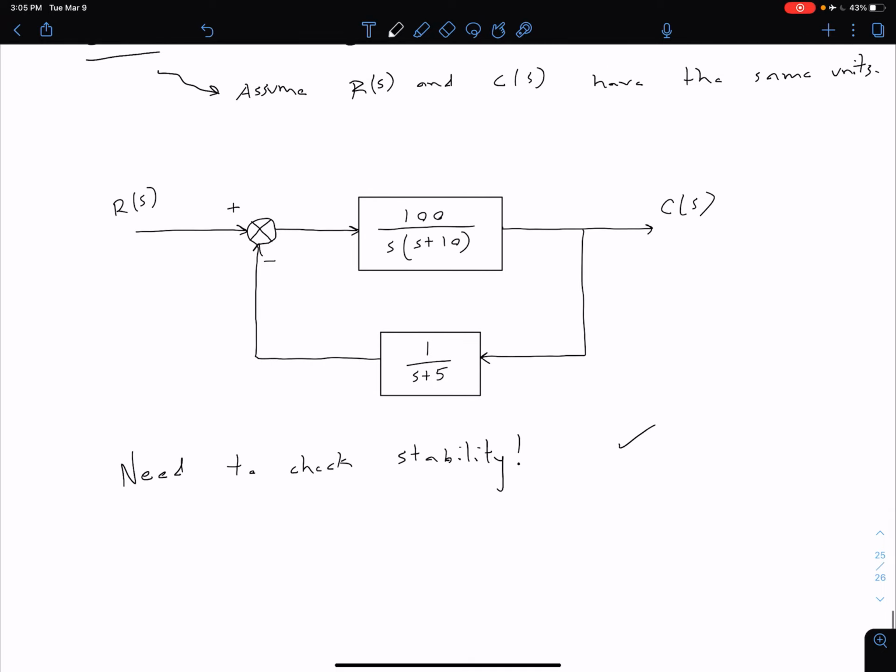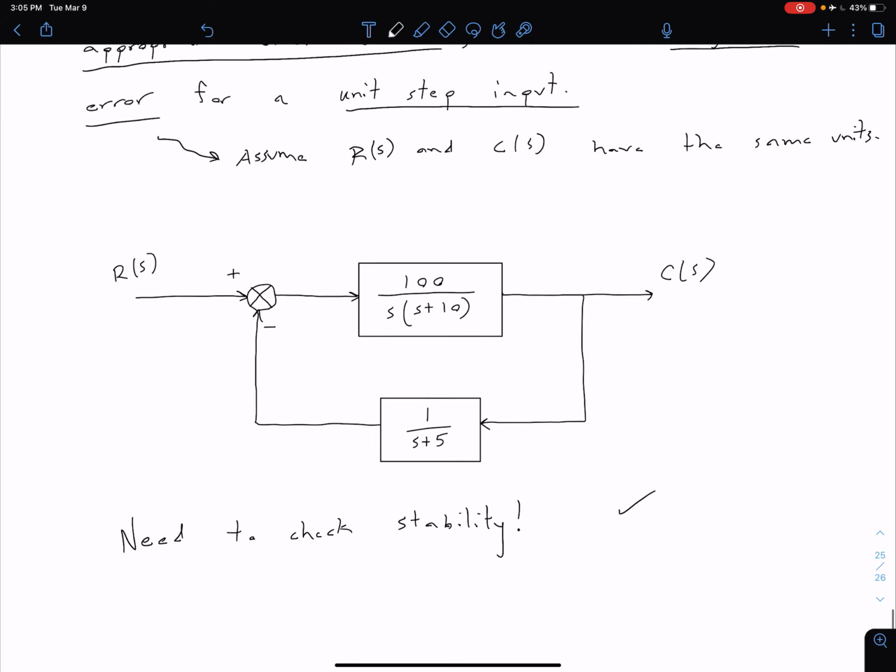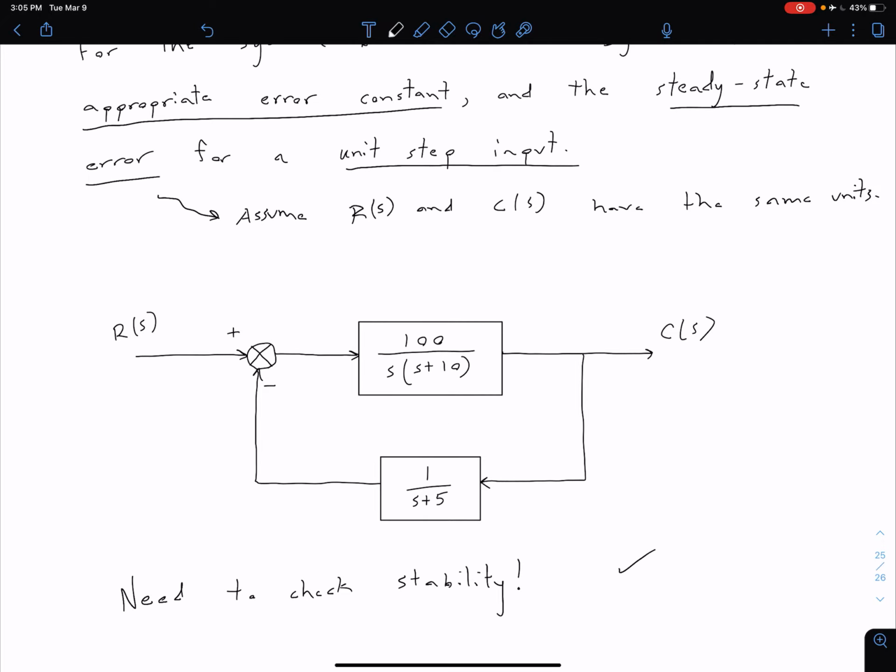Now, because we don't have unity feedback, we're going to need to use our updated expression from a couple of videos ago, where we asked how to find all these things for a non-unity feedback system in the case that we have the same units for our input and output.